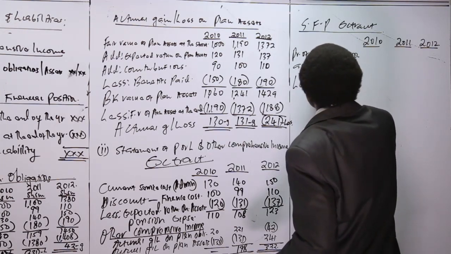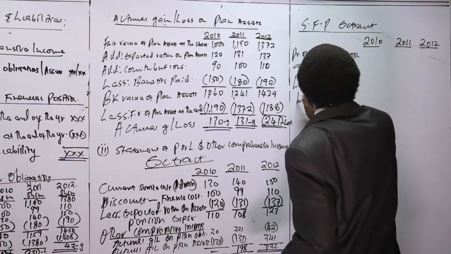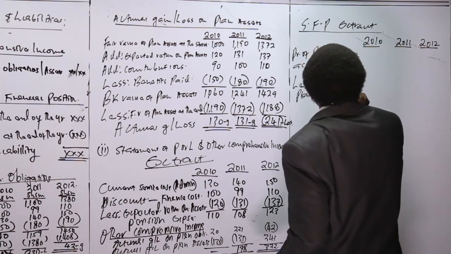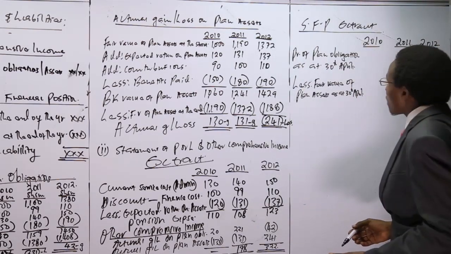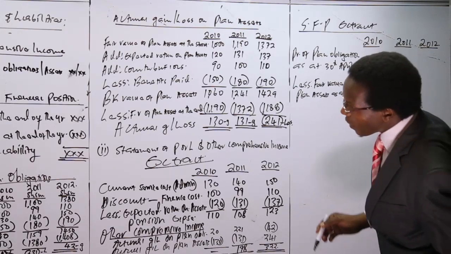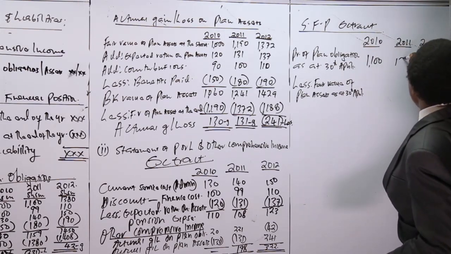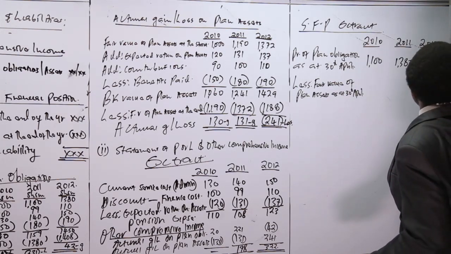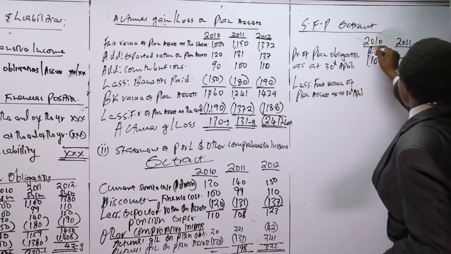Then we less the fair value of plan assets as at 30th April. For the plan obligations, we have 1100, then 1380. That's the present value. We were given those values. 1408. Those figures are in millions.